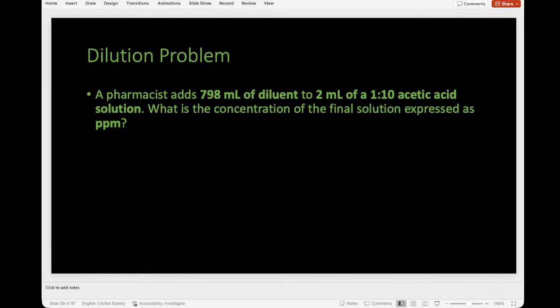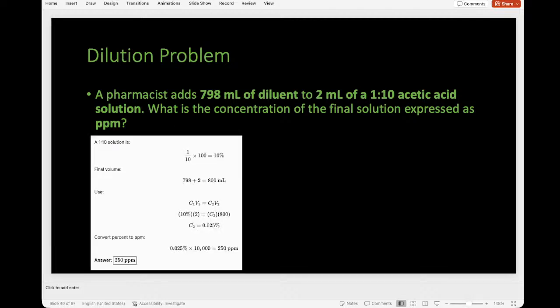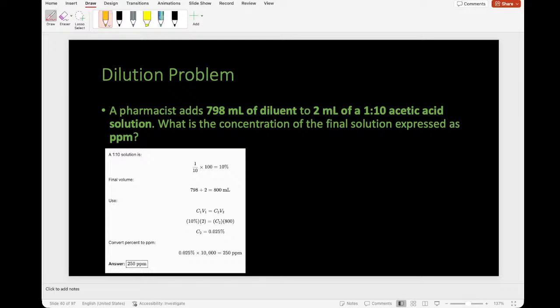You would perform the calculation like this. You can see how the dilution equation uses the C1V1 technique, and you would just convert that percent to ppm. I think it would be a little easier to show it differently. Let's see if this other method works.